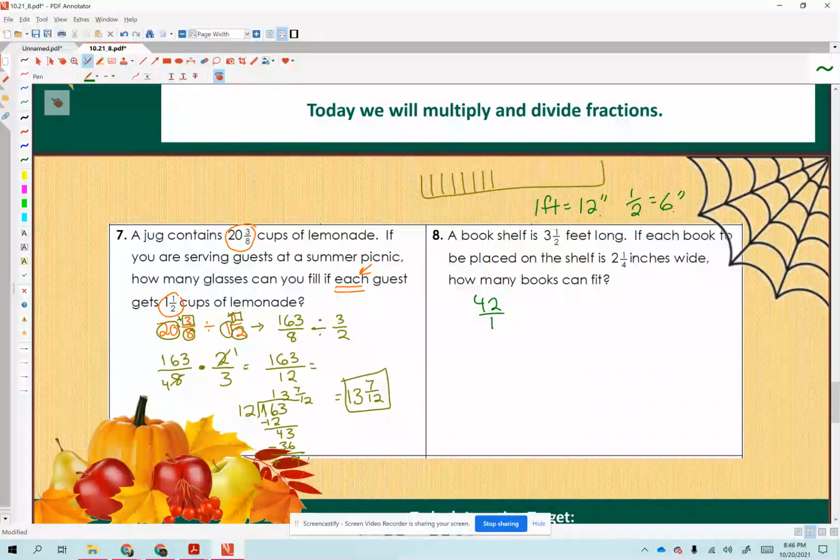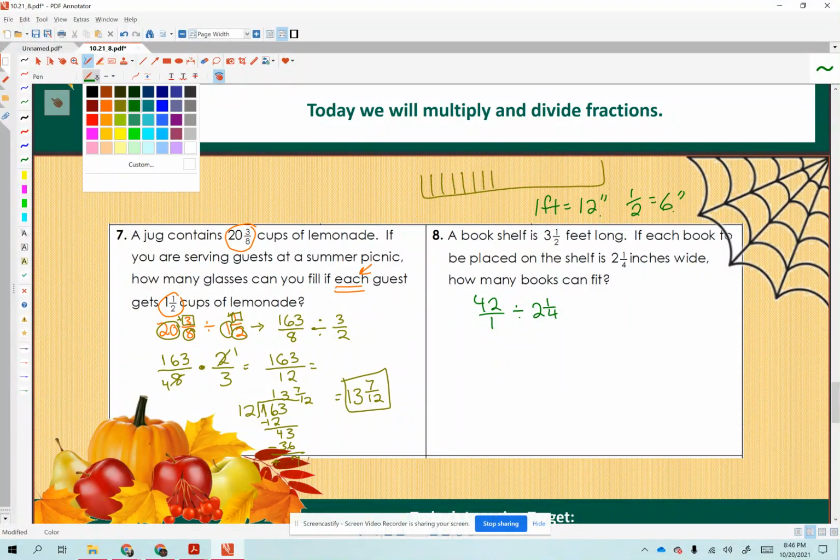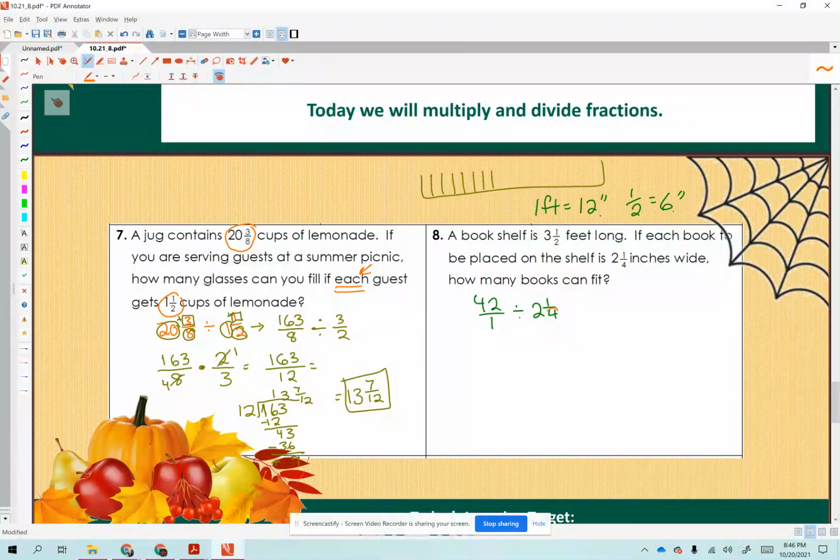42, we'll put that over 1, divided by 2 and 1/4. And let's convert 2 and 1/4 to an improper fraction. 4 times 2 is 8, plus 1 is 9. So that would be 42 over 1 divided by 9 over 4.